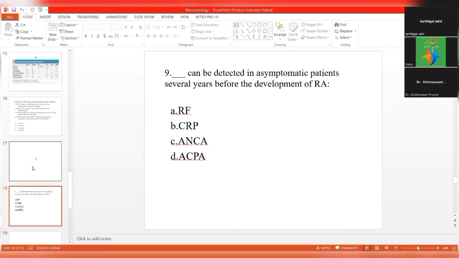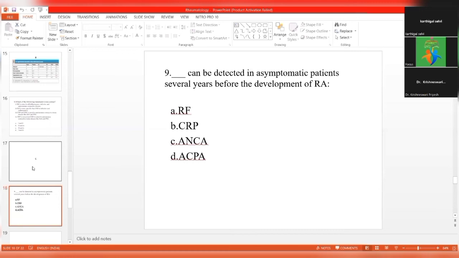And the ACPA, anti-citrullinated peptide antibodies, is the diagnostic test, and it is more specific and more sensitive than RF in diagnosing RA. Okay.